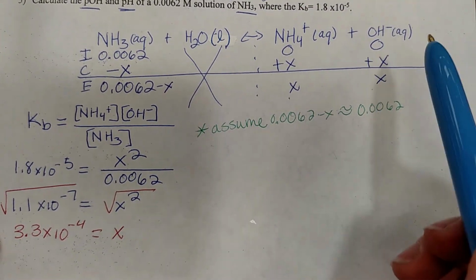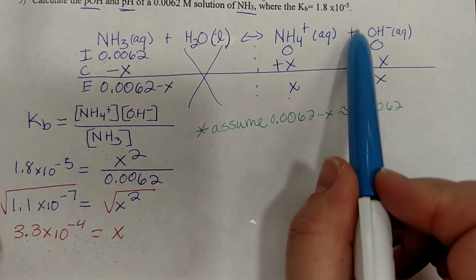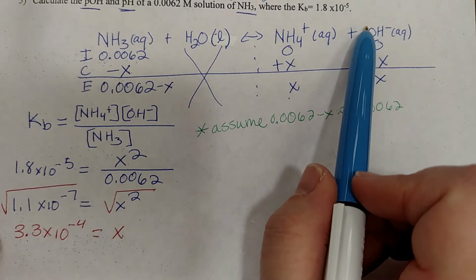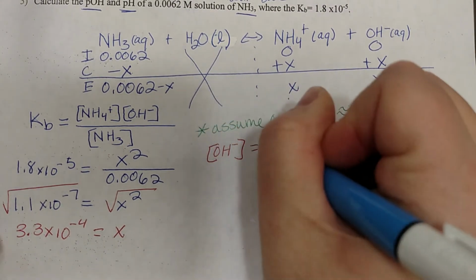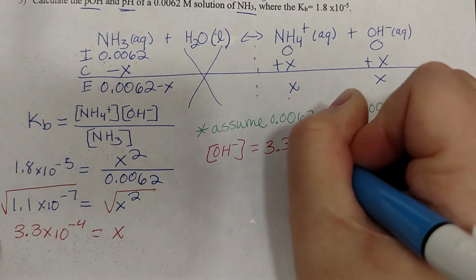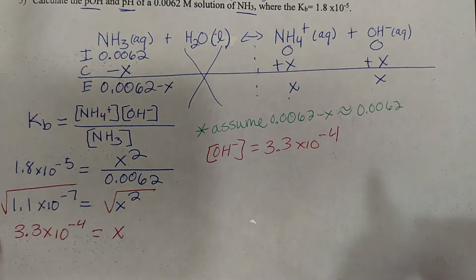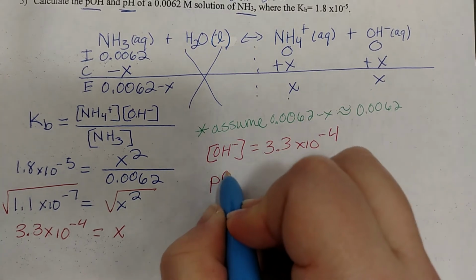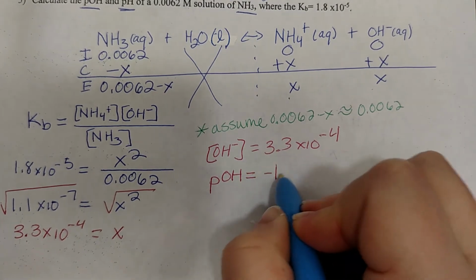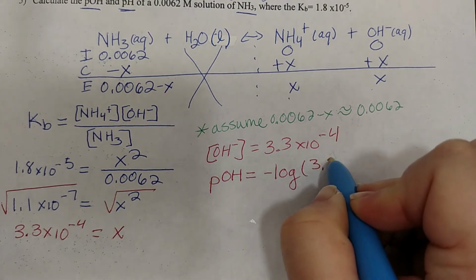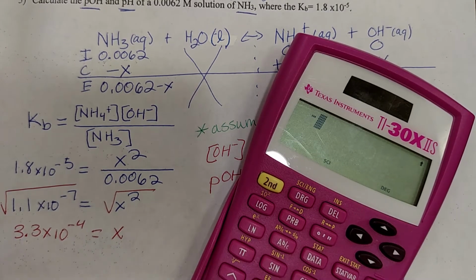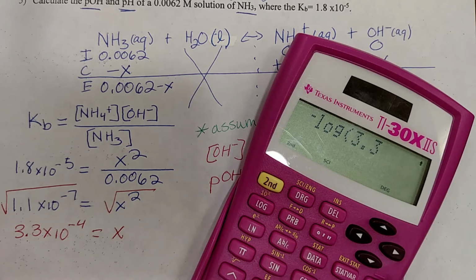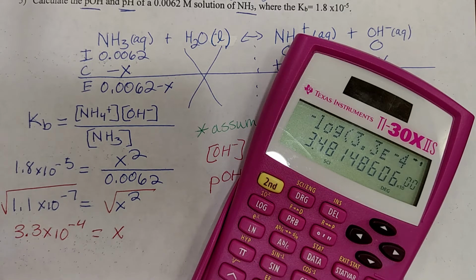So again, we look at our reaction, we have that hydroxide ion here. So we have our concentration of hydroxide is equal to x. So we can say that our pOH is the negative log of that value. So we get negative log of 3.3 times 10 to the negative 4. And we get our pOH is 3.48.